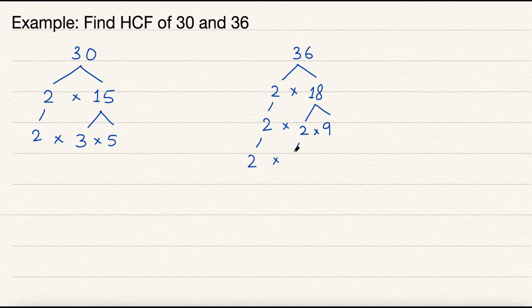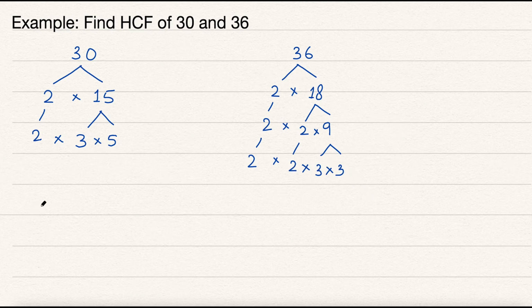Copy the multiplication sign. 2 is a prime number, but 9 is not a prime number. You can express 9 as a product of 3 and 3. So 36 can be expressed as a product of prime factors as 2 times 2 times 3 times 3.